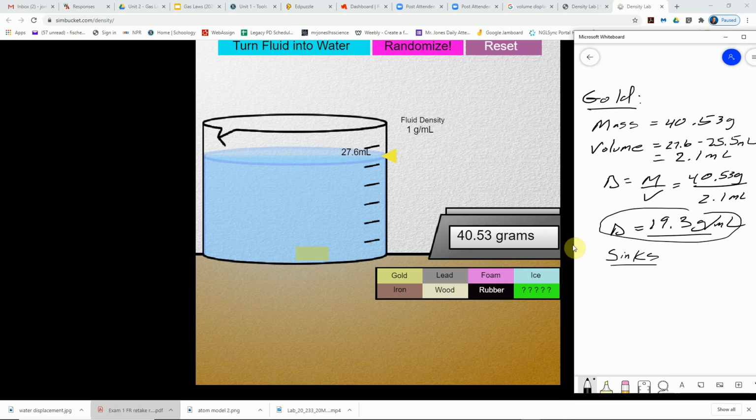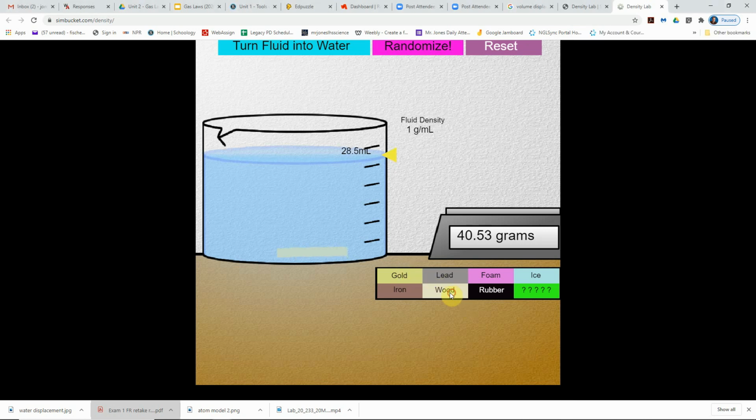And so once you do one, I want you to make a dividing line and go down and do the next one. Your job will be to do lead next, and I want mass, volume, and then the density calculation, and then does it sink or float? And see if it makes sense to you. If we were to grab wood, you see how wood floats?